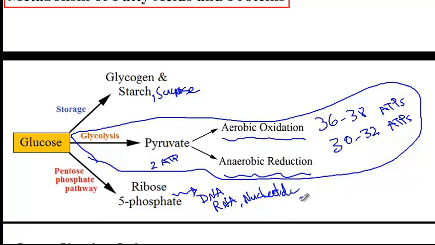And this pathway also produces NADPH, which is required for synthesis of steroids, fatty acids, and the reduced form of glutathione, which is required for defense against oxidative stress.